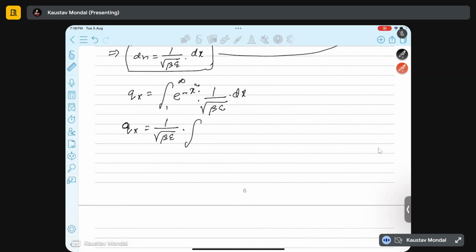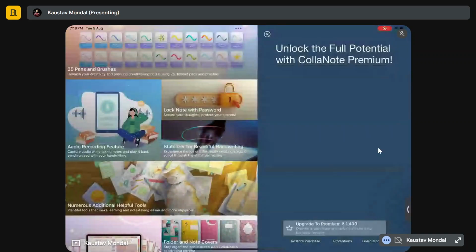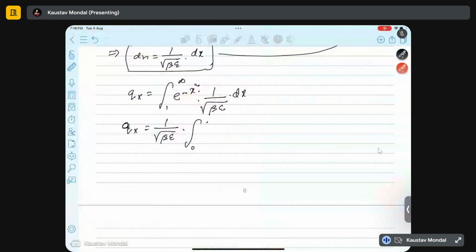Now it will give you 0 to infinity. If infinity is very large, then 1 to infinity is almost similar to 0 to infinity. So you can write it from 0 to infinity also, which gives almost the similar value. So e to the power minus x square dx.